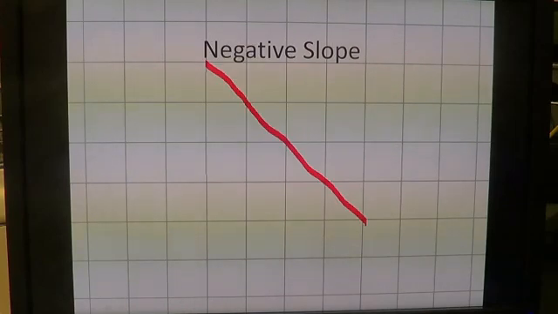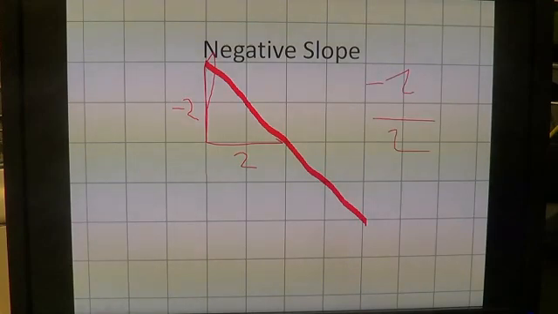I can have a negative slope, and so a negative slope, I go down, and so here we have a negative slope of 1. So if I go down 2 and over 2, down is a negative here, so I went down 2 and I went over 2, and this was a positive 2. So I have negative 2 over 2, and that gives me a negative 1 slope.